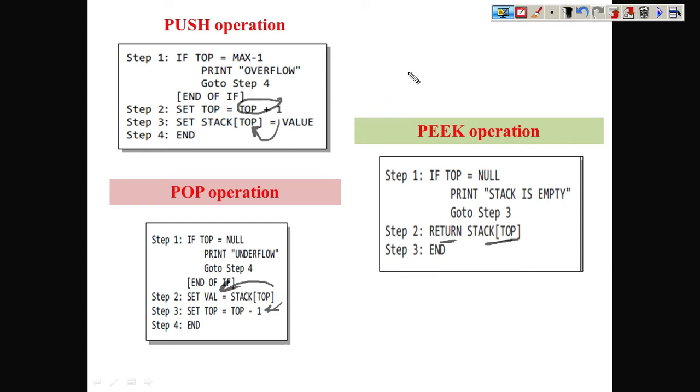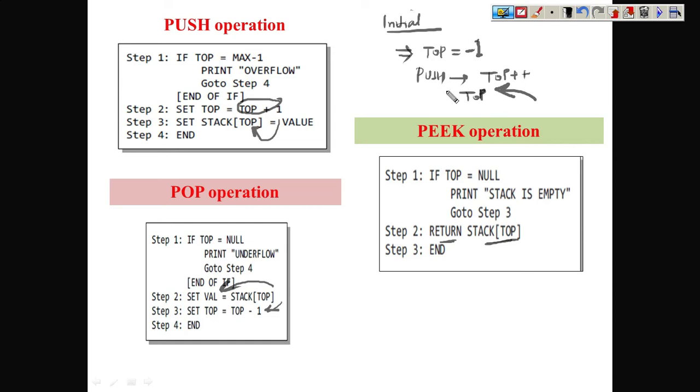So let me summarize some more important points. Initially, when you start working on a stack, top equals -1. In the push, we increment top plus plus, and then put the value at the top.